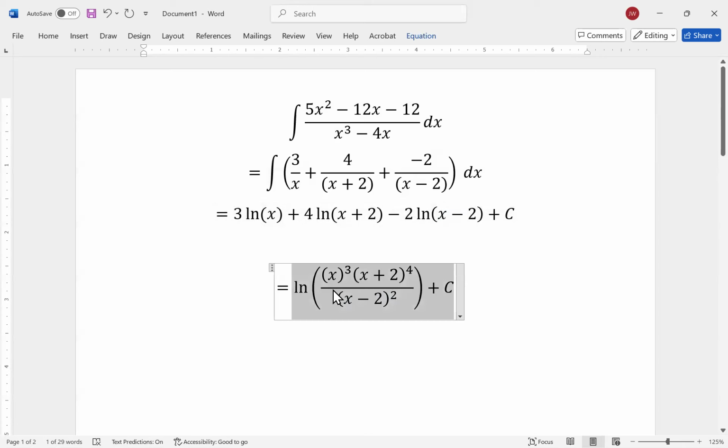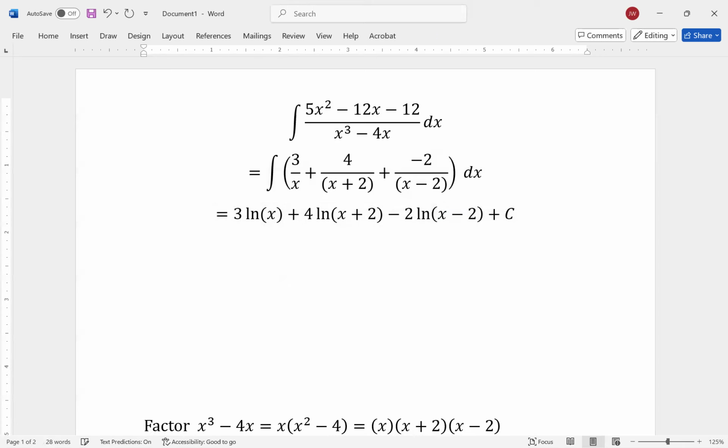I would suggest most of the time, just keep it simple. Leave it as 3 times natural log of x, 4 times natural log of x plus 2, minus 2 times natural log of x minus 2, and then plus any constant that we want.